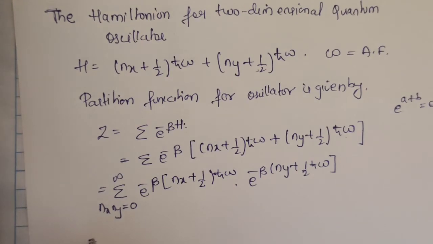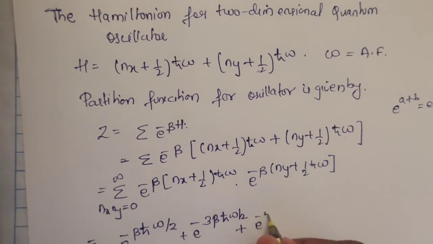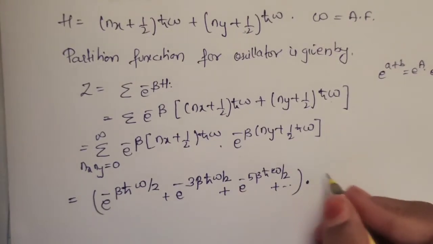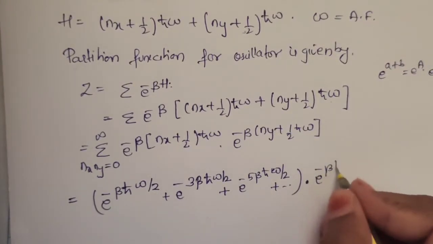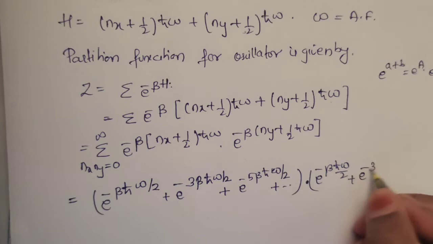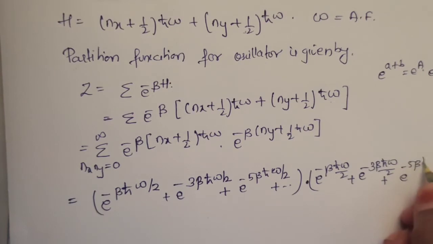The exponential e to the power of minus x can be written as e to the power of minus beta h cross omega by 2, plus e to the power of minus 3 beta h cross omega by 2, plus e to the power of minus 5 beta h cross omega by 2, and so on.